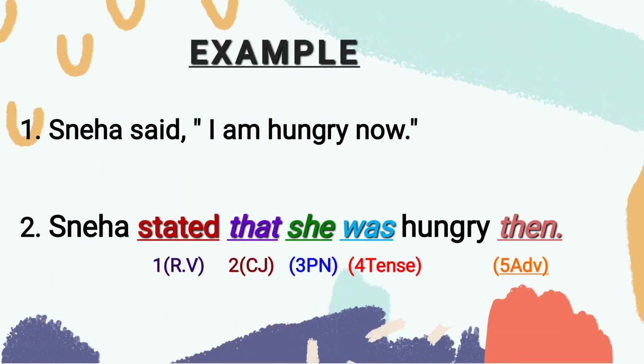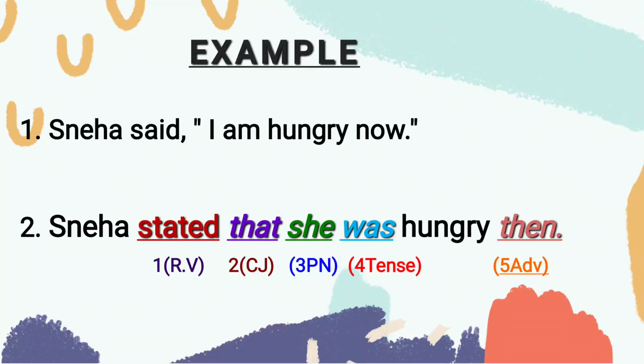There is an example. Sneha said, "I am hungry now." That sentence is direct speech. So while converting into indirect speech, we make five changes. Sneha stated that she was hungry then. The first change we make is in the reporting verb.